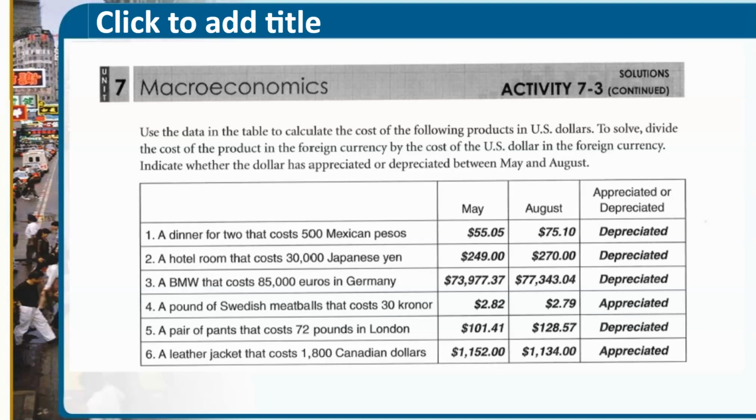So when you look at it in terms of these prices, if the price of how many dollars it's costing for that item goes up, that tells you it's depreciation that is at work, because it's costing you more in that currency to actually pay for the same item that you bought just 3 months ago and you paid less for. And the opposite would be true if the currency was appreciating. If the prices are going down, meaning the value of that currency is going up, that would lead to an appreciation that we see here.